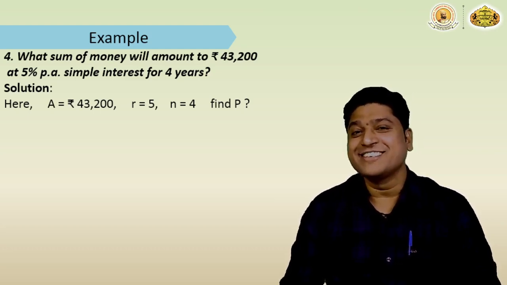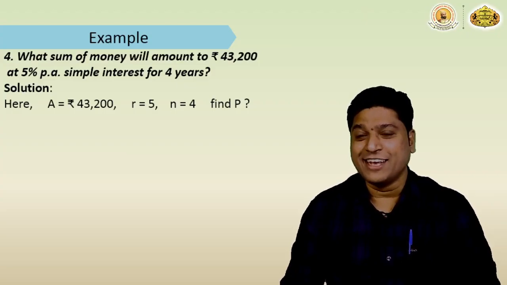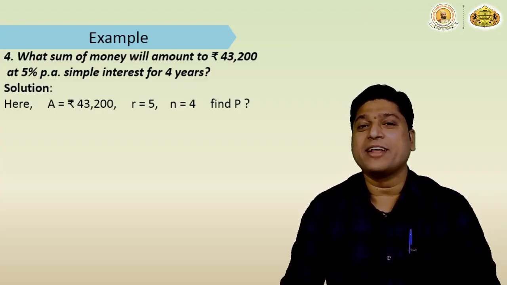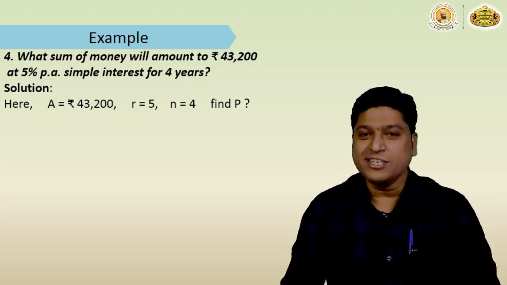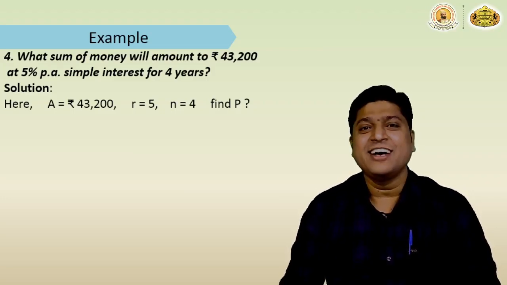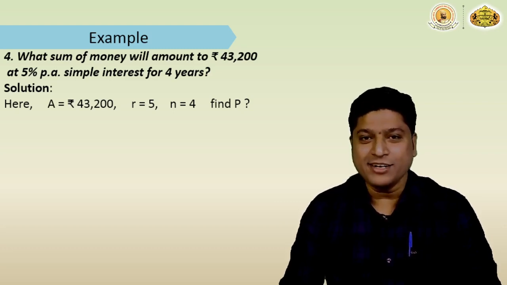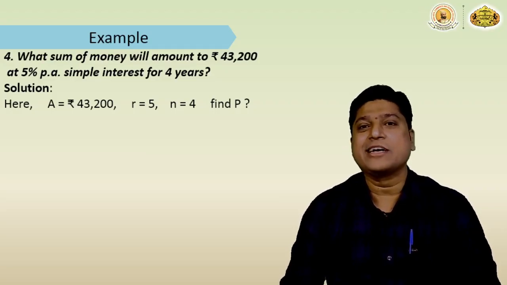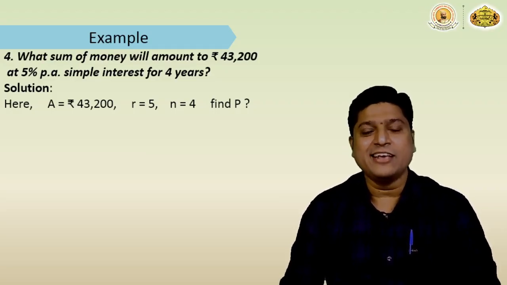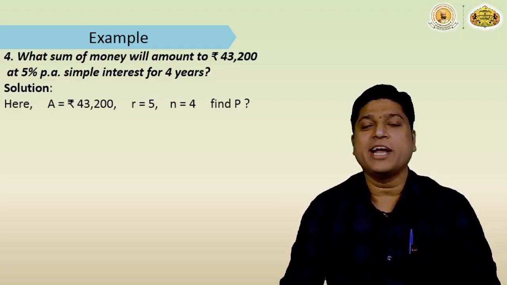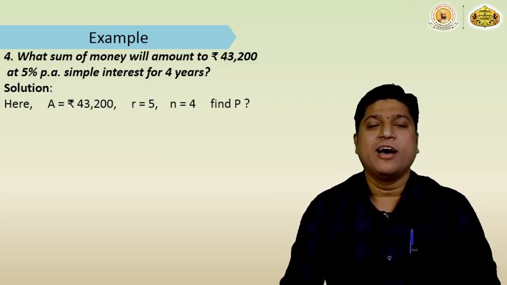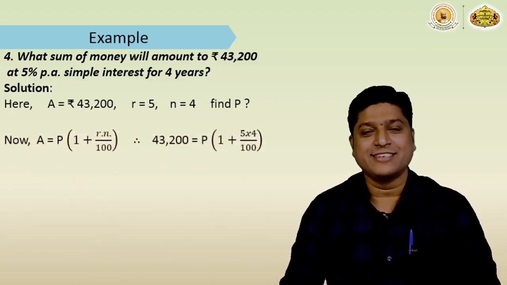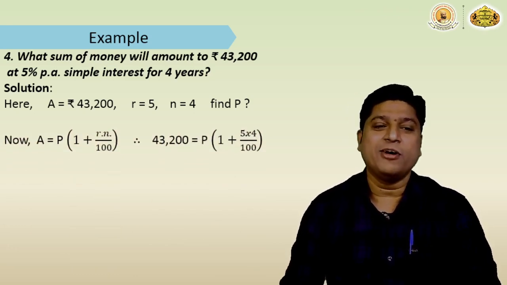Any guesses? Yes, they have given us capital A, so we must use the formula which comprises capital A, that is the amount, and that is formula number second. Exactly right. Formula number second says that A is equal to P into bracket 1 plus Rn upon 100.